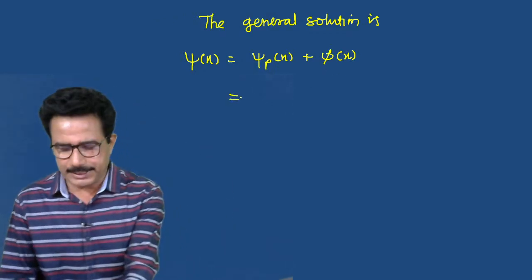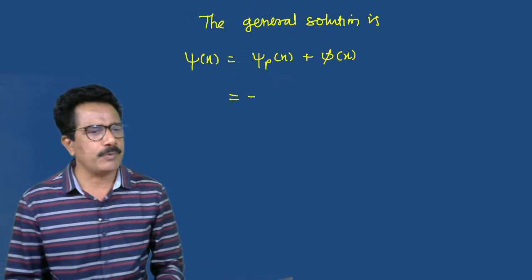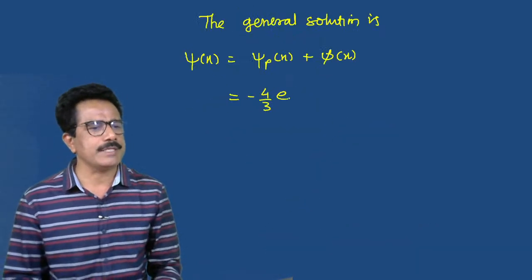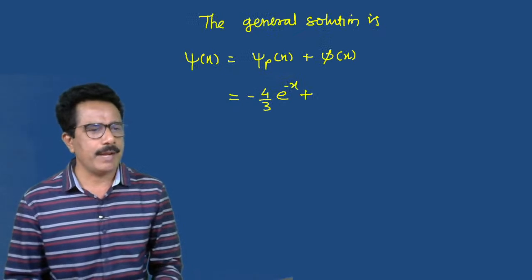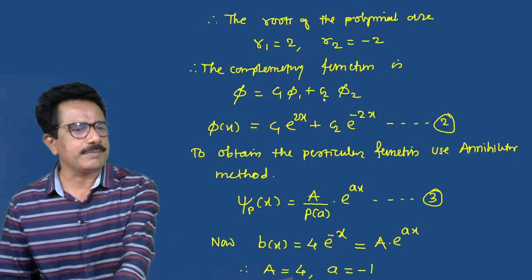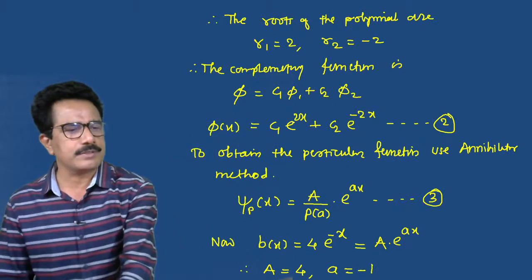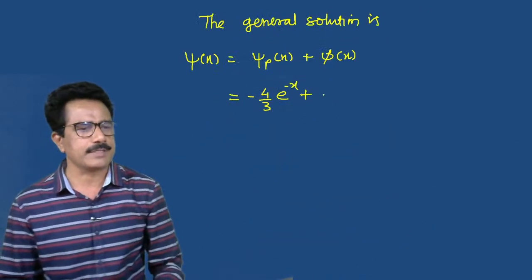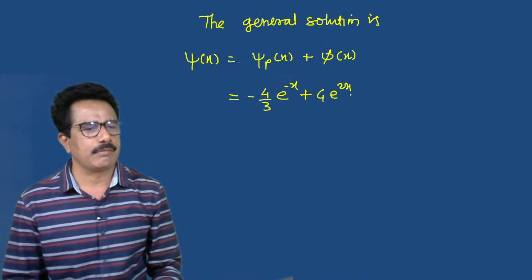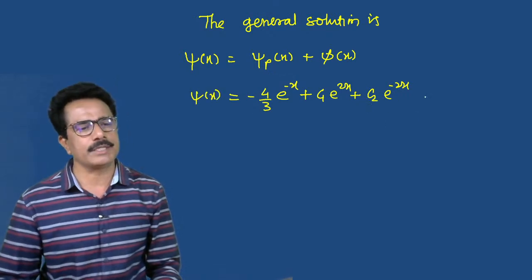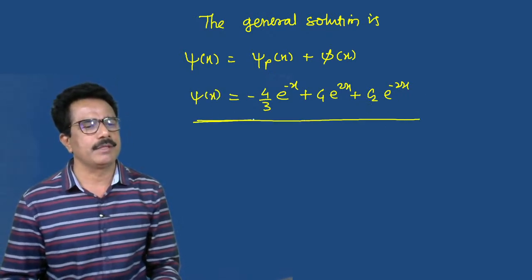So it can be written as minus 4 by 3 e raised to minus x plus phi of x, means we know that c1 e raised to 2x plus c2 e raised to minus 2x. Actually this is the general solution of the given differential equation.